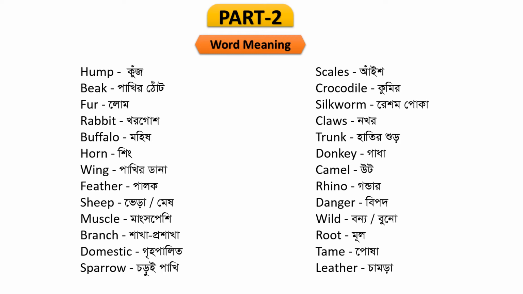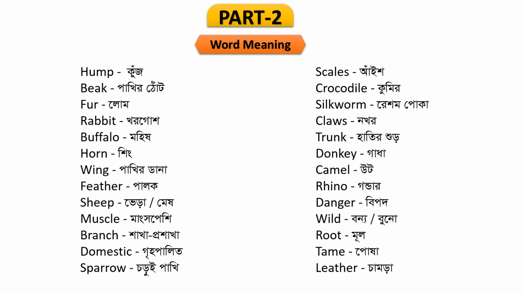Domestic means গৃহপালিত. Sparrow means চড়ুই পাখি. Scales means eyes. Crocodile means কুমির. Silkworm means রেশম পোকা.